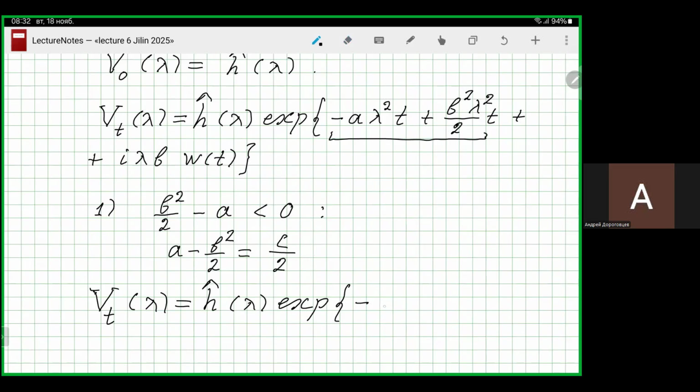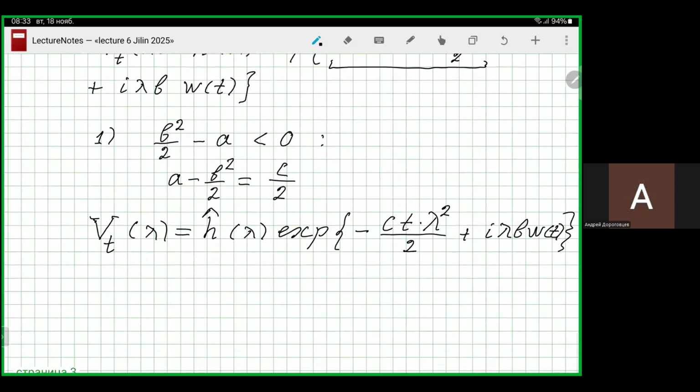Then it is equal to exp of minus C multiplied by t multiplied by lambda square over 2, plus i lambda b w_t.